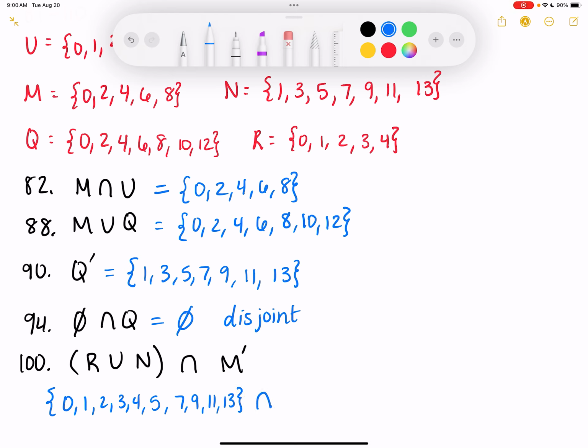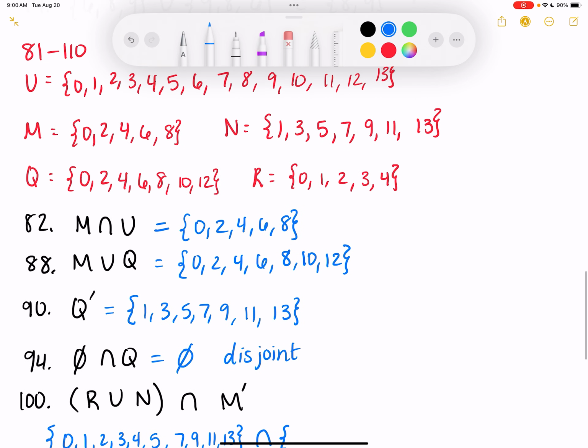And now I'm intersecting that with M complement. So I need to find the complement of M. Again, that's everything not in M that is in the universal set. So what would that be? What numbers are not in M? That's what complement means.